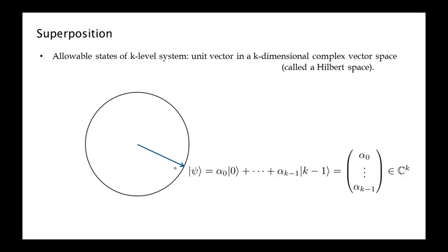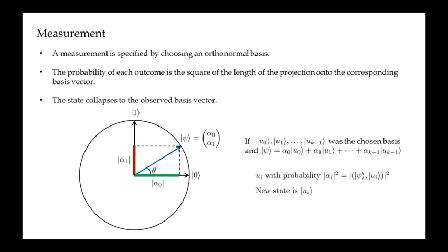So what we are told is that the state can be any point on the unit sphere in a k-dimensional complex vector space, and it can be written as a complex vector either in your standard notation or in the Ket notation like this. And the second thing we've studied so far is what happens when we measure the system.